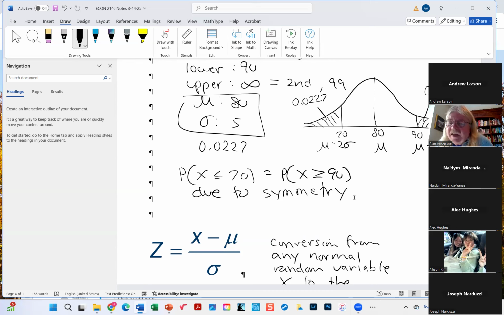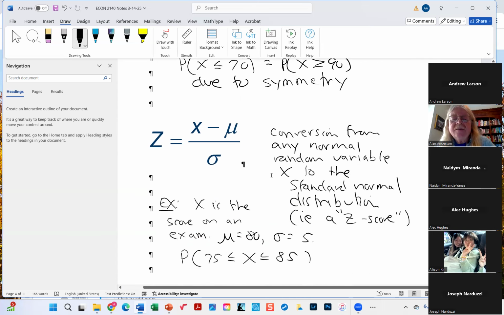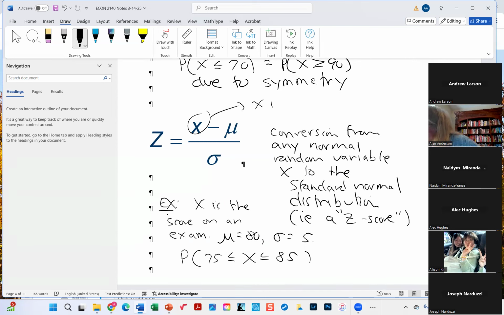And if you have any other case, we have this special conversion formula, which takes any normal random variable X. Let's make this clear: X is normal with the mean of mu and standard deviation sigma.